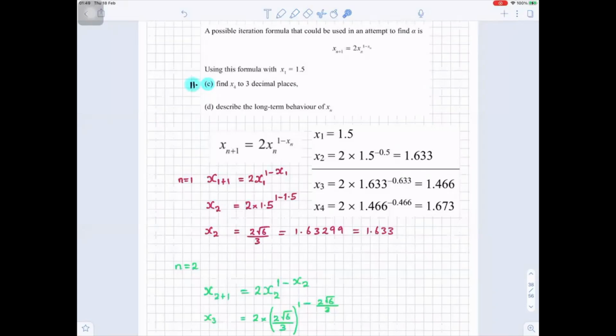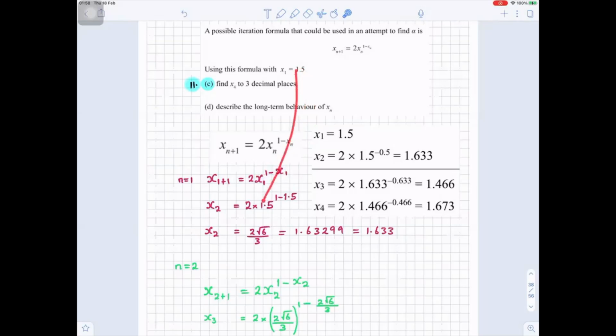Question 11C. Find x4 to 3 decimal places. Describe the long-term behavior of xn. So we are using this iterative formula. When n is 1, it will be x2, and it equals 2 x1 to the power 1 minus x1. Put 1 for n, and we know x1 is 1.5, so 1.5 goes there and 1.5 goes there.